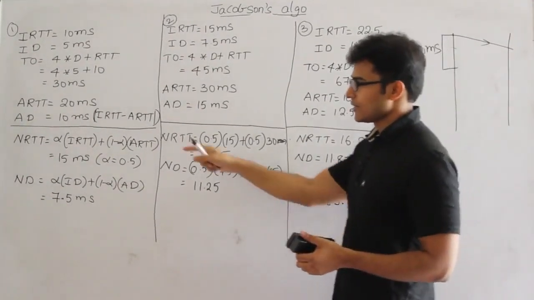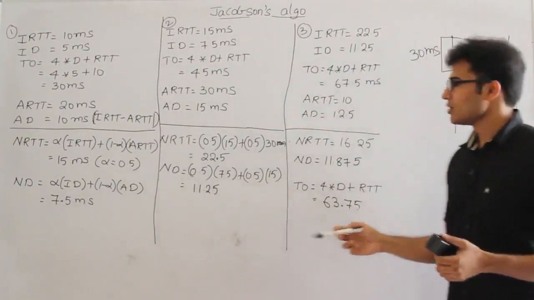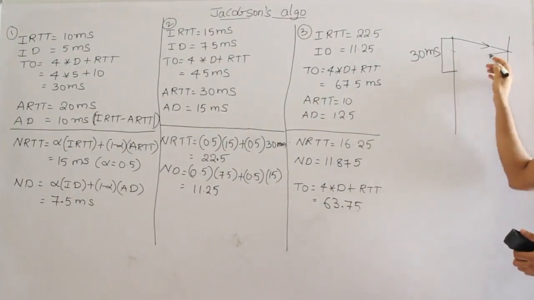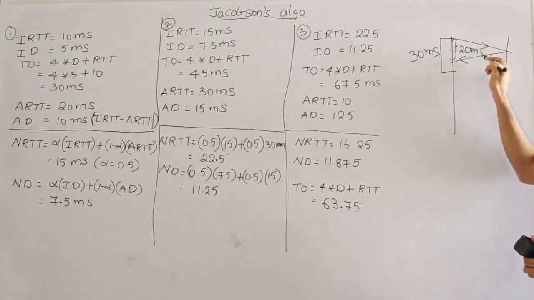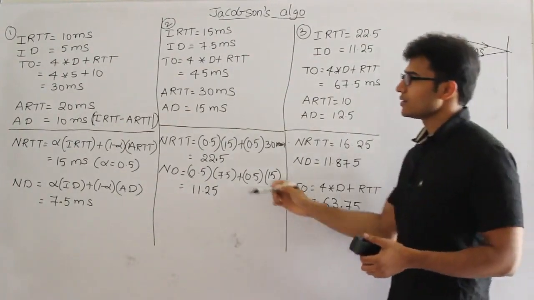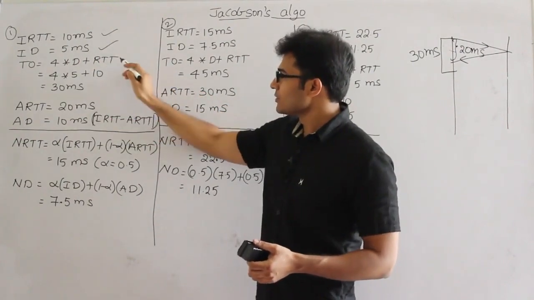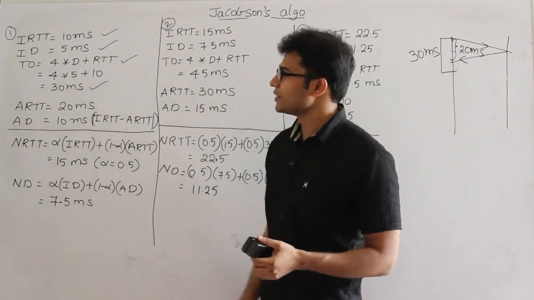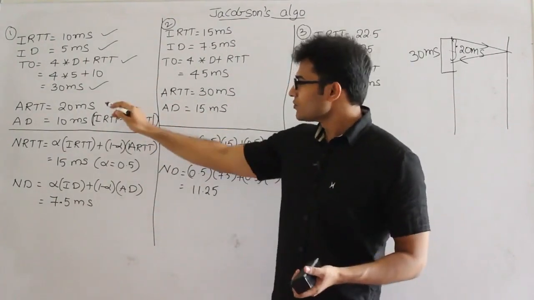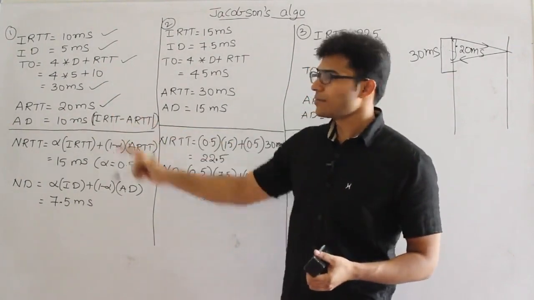And now what happened is the actual round trip time happened to be 20 milliseconds, which means when you sent out the packet, the acknowledgement came back in 20 milliseconds, right? These two are the factors which we assumed, and this is the formula given by Jacobson according to which I calculated this 30 milliseconds. And now this is what has happened.